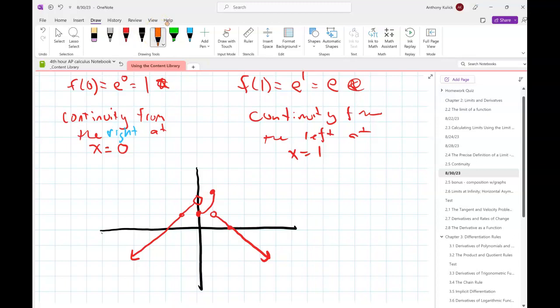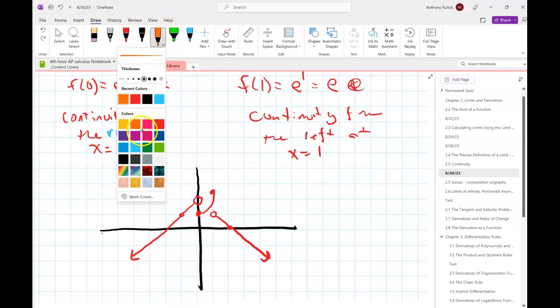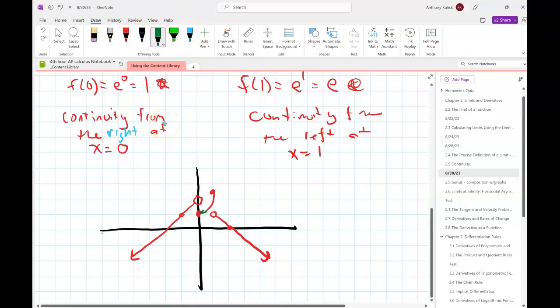So if I look at 0, if I'm coming from the right, let's use a different color. If I'm coming in here from the right, that right-hand limit is equal to the point that it evaluates to because we have a filled-in circle there. So that matches what we're seeing here.